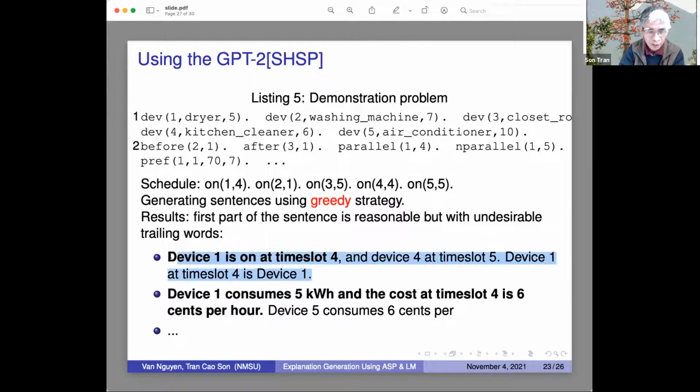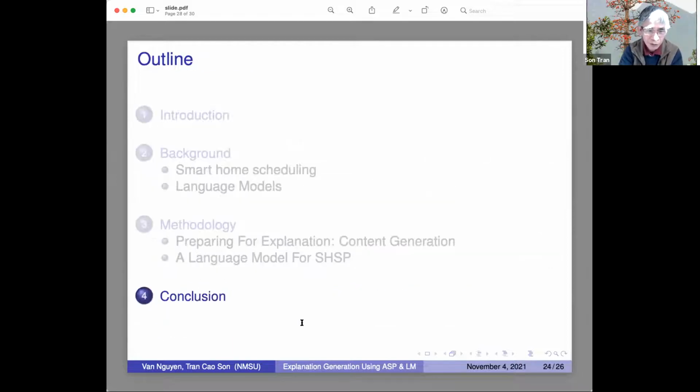So this is what we get. On the other hand, it does generate a sensible sentence, but not the best sentence possible that we wanted to have. So that is what we have so far.